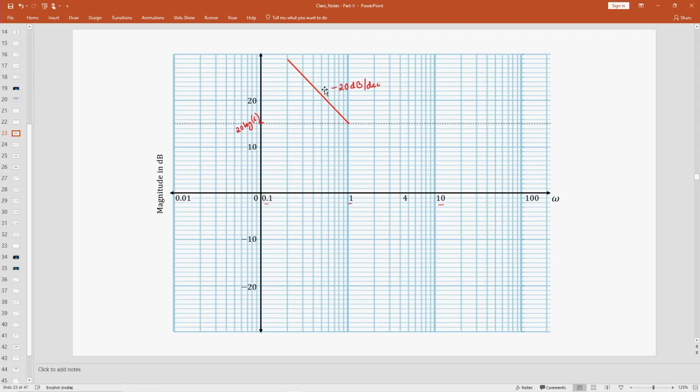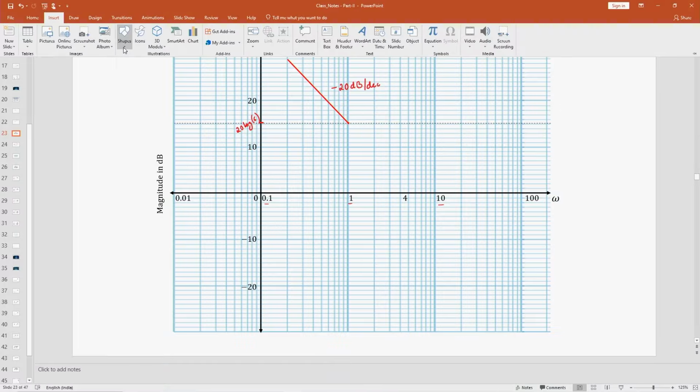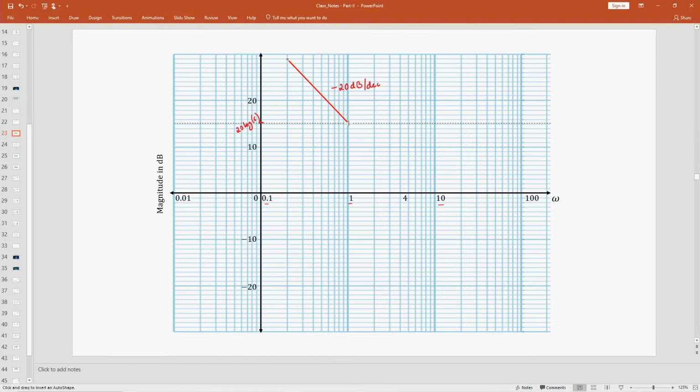So, that means we need a minus 40 dB per decade line. Let us try to draw a minus 40 dB per decade line. So, this is a minus 40 dB per decade line.